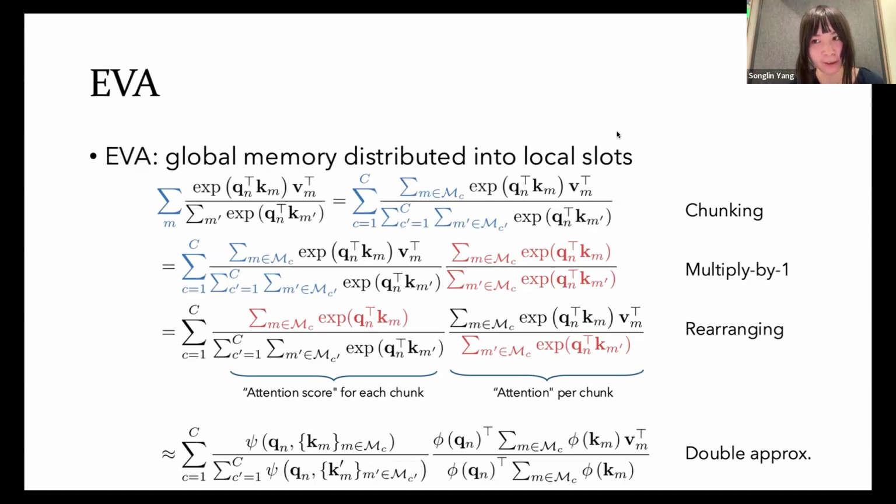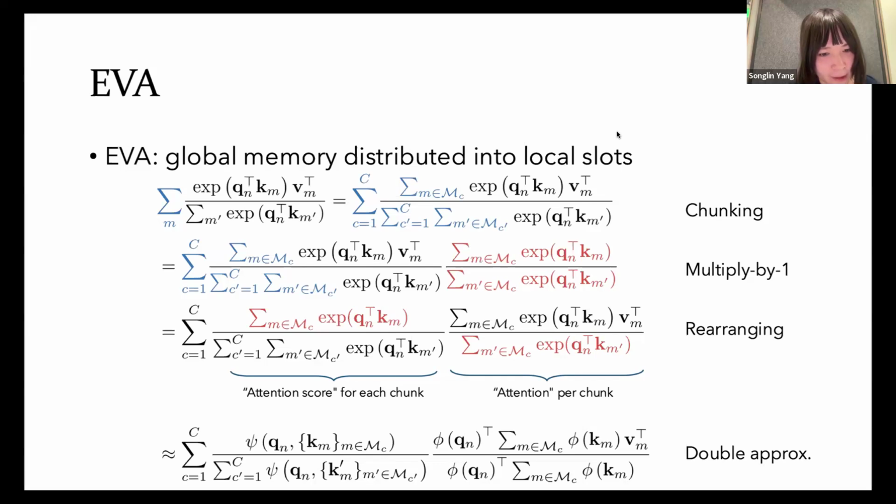For each chunk you maintain a state, so if there are C chunks, you have C hidden states. Yes, but not exactly. We will cover how we reduce the hidden states inside each chunk, so the total capacity still remains very low. I will cover this in the next slides. Okay, thank you. Please go ahead.